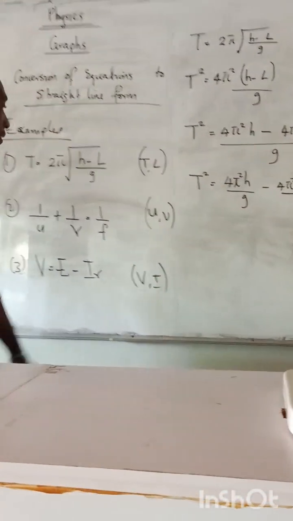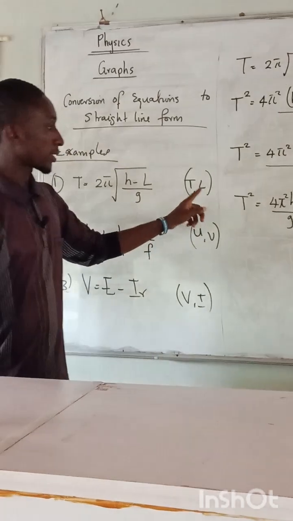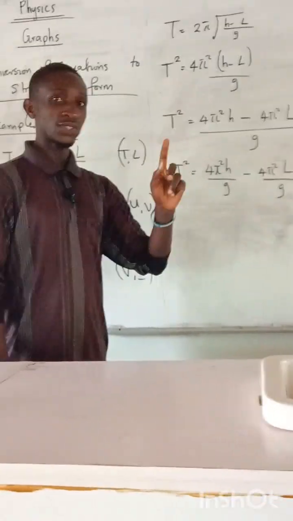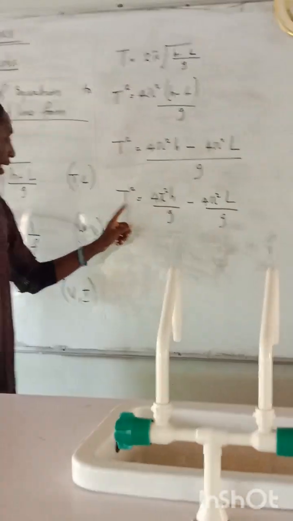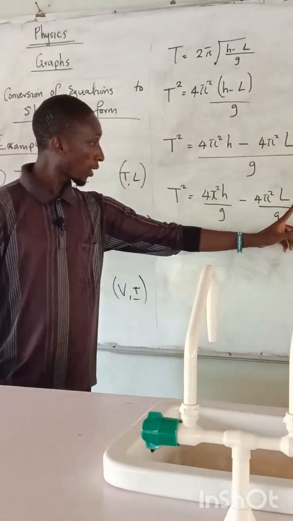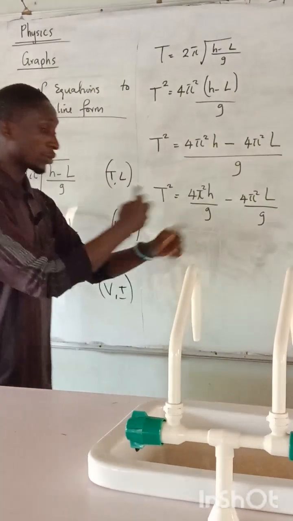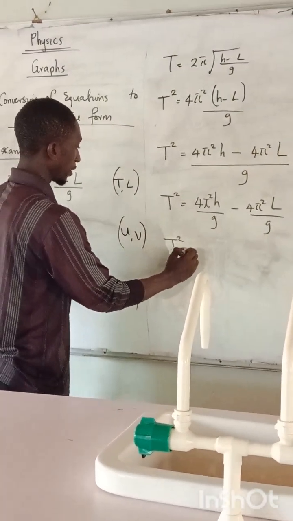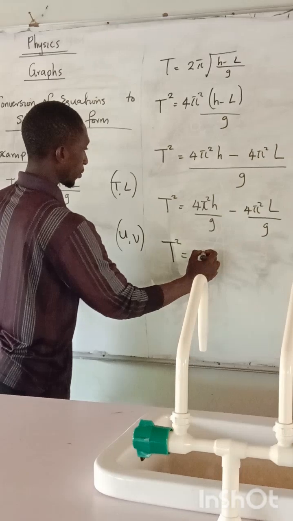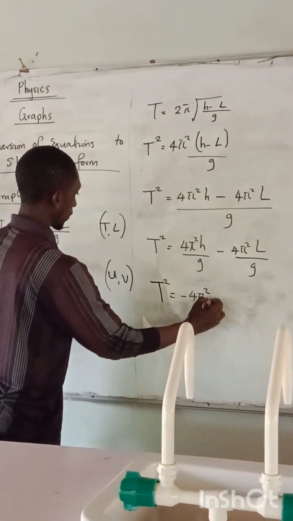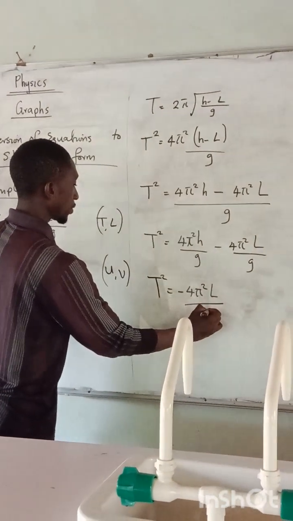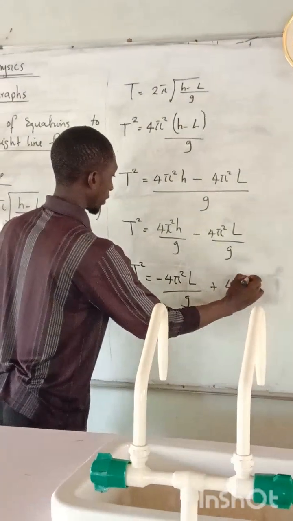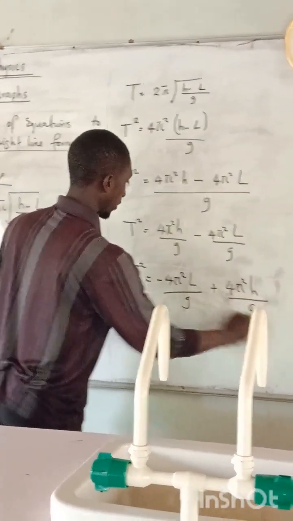But don't forget, the question says T against L. Now look at the position of L. We are trying to transform this to give us a straight line, and this is our y component, this is our x component. So we are going to rearrange it. You are going to have something like this: T squared is equal to minus 4 pi squared L over g plus 4 pi squared h over g.